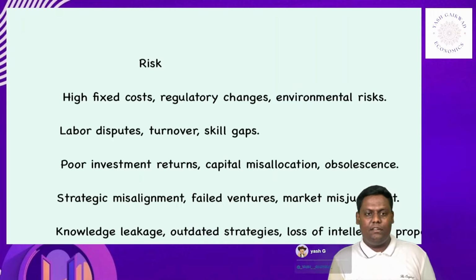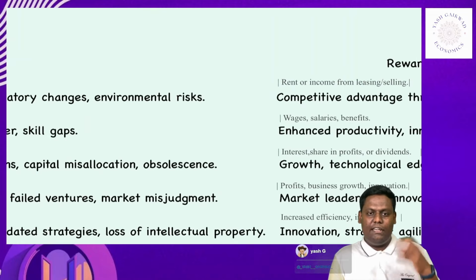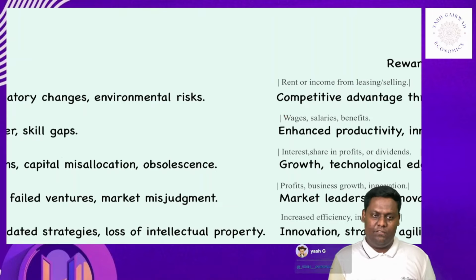There's a higher turnover rate. That means if someone is working for you in 1 year, he may leave the job and move on to some another employment. And number three is the skill gap. So does your labor force have the required skill as per the market conditions or not? The return that this labor force get is in terms of wages and salary benefits.